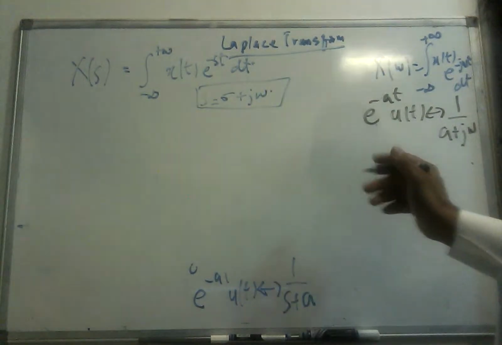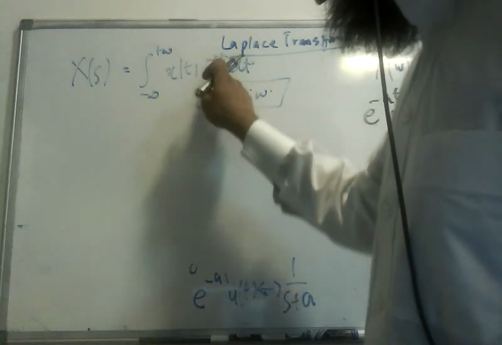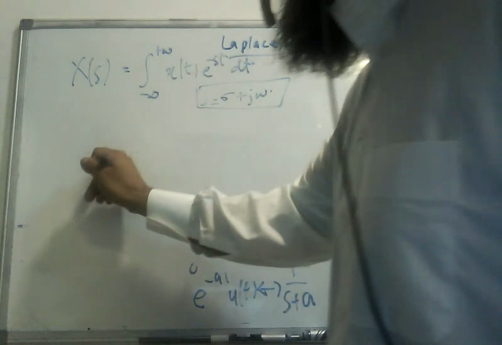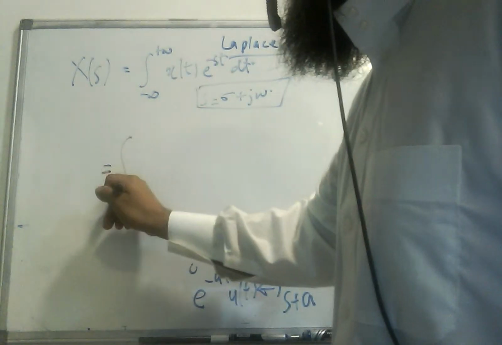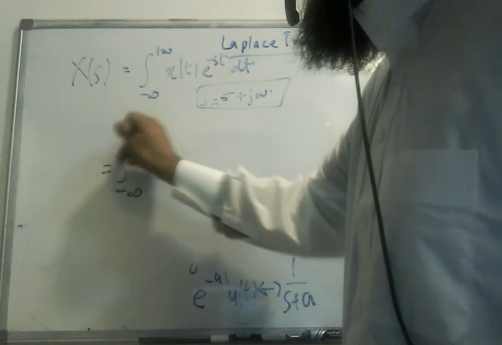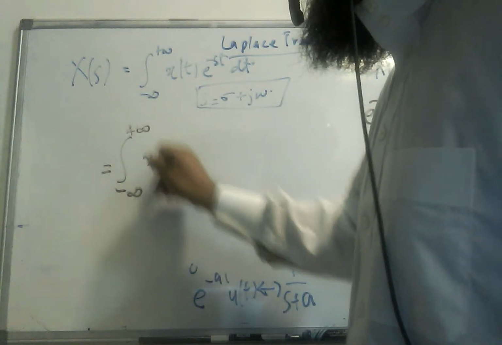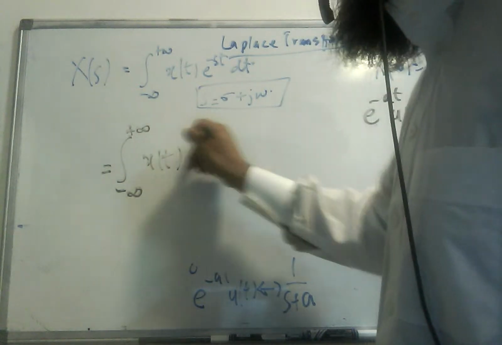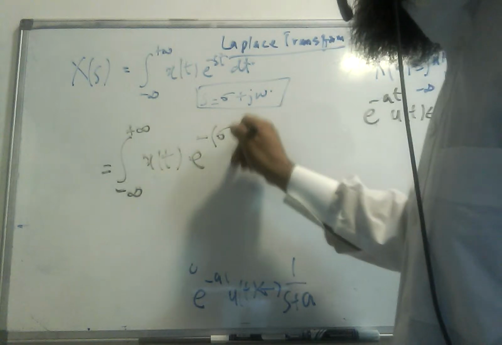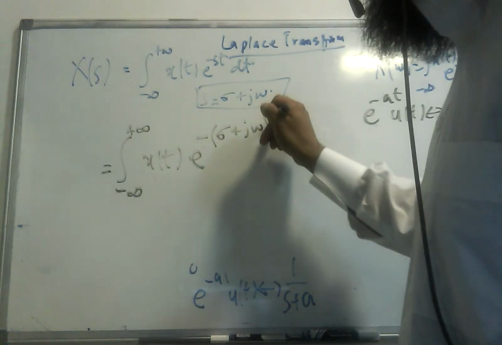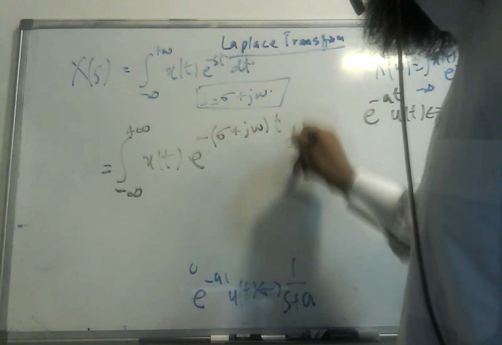So now from this definition, let us put sigma plus j omega here. So X of s is equal to the integral from minus infinity to plus infinity of x of t e raised to the power minus sigma plus j omega t dt.